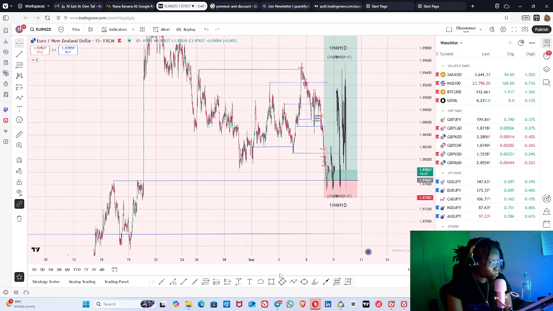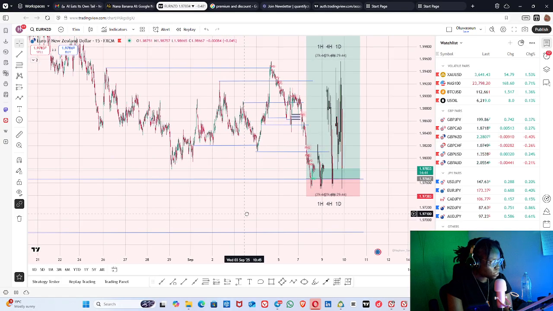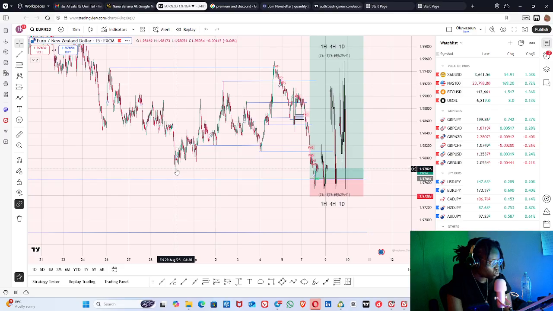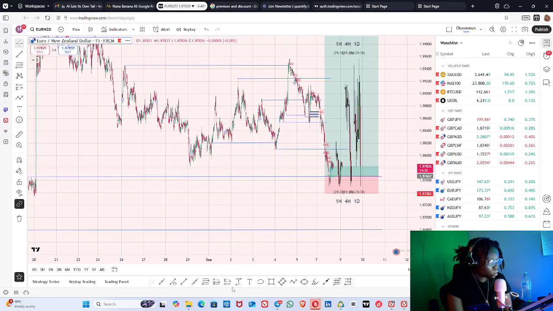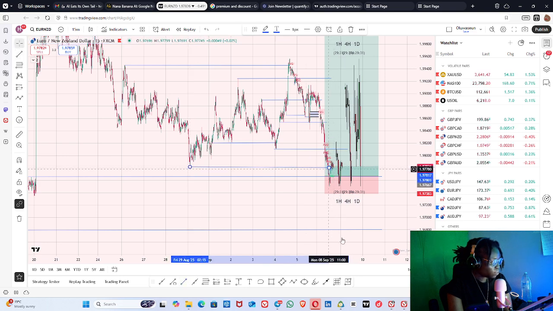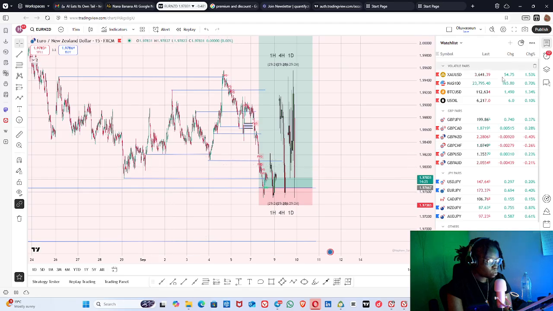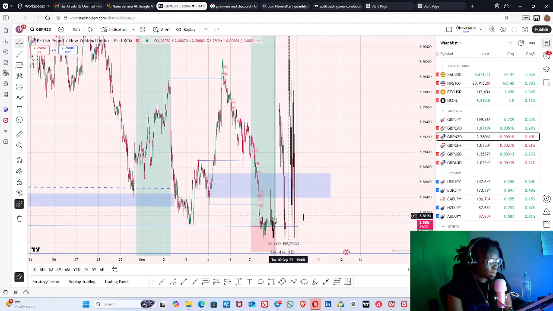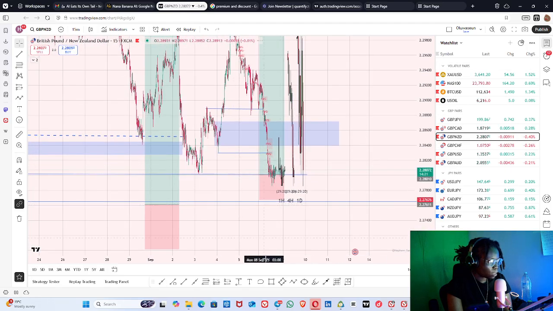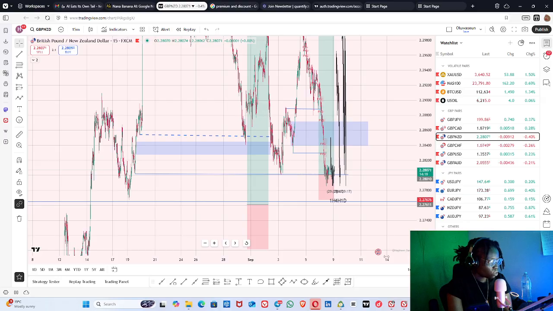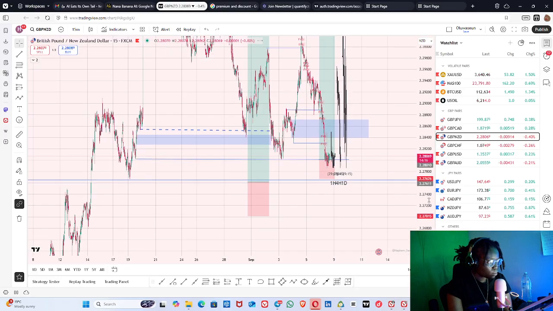I believe that price is going up because, looking at this, price is actually reacting from this zone right here, which is actually a bad sign for people that want to buy, especially me. I'm looking for a buy entry on this pair, and I'm also looking for a buy entry on this pair as well. So I'm looking for a buy entry on both pairs.